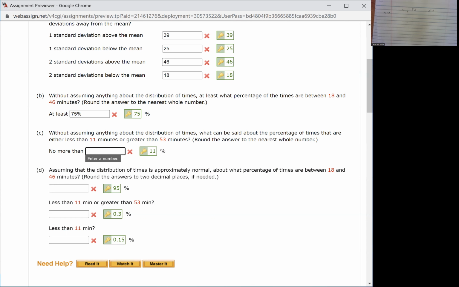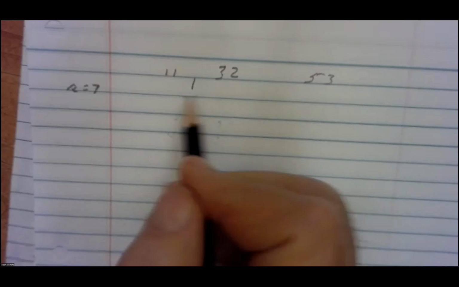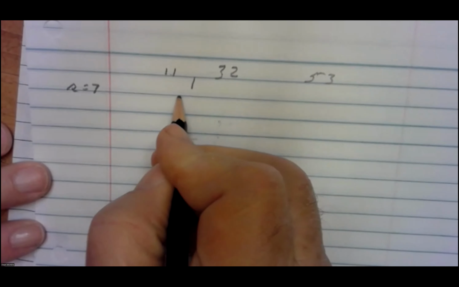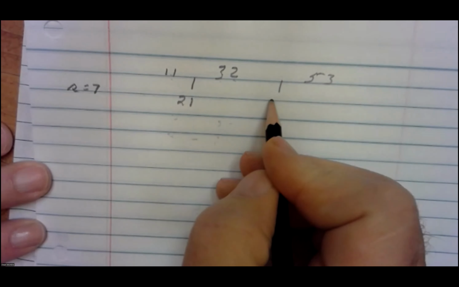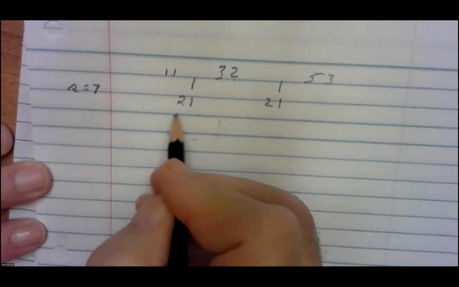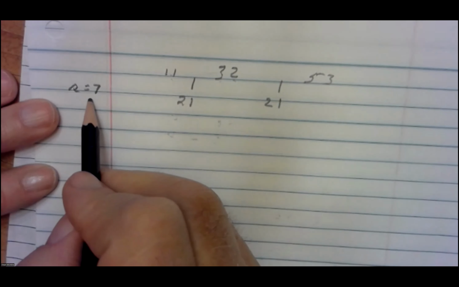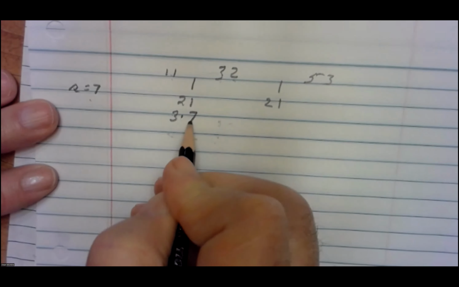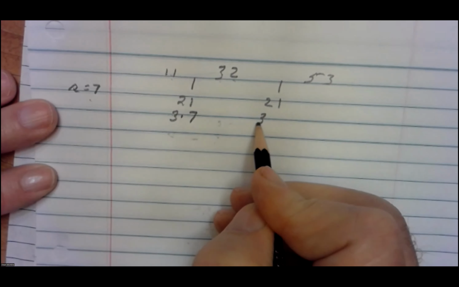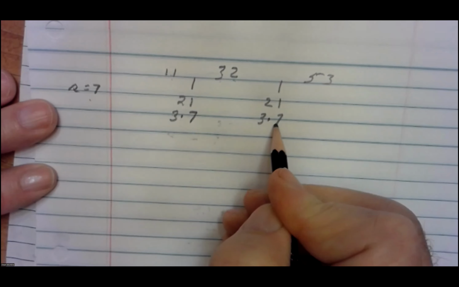You can see me write it here, but make it a little bit bigger. So there's 21, if you subtract, this is 21. That's 32 minus 11. And we have 21 here. Well, 21, standard deviation is 7. So it'd be 3 times the standard deviation.